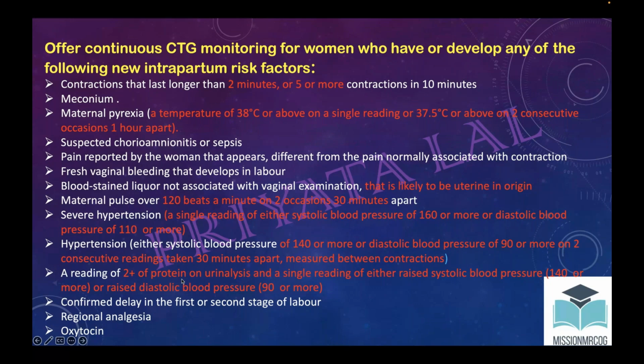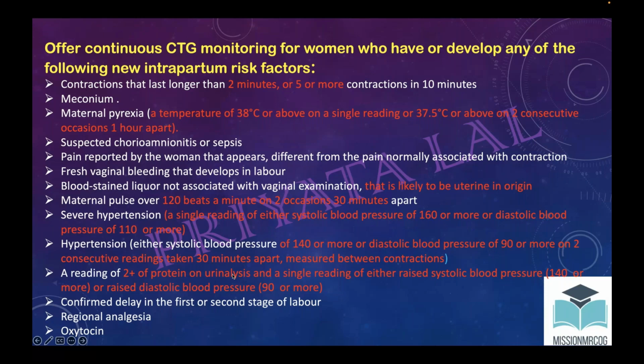Confirmed delay in the first and second stage of labor, oxytocic use, and regional analgesia. So these are the risks. Therefore, it is an ongoing assessment that started from the antenatal period and continues with the intrapartum also. So this is the intrapartum risk factors, or intrapartum conditions, where continuous CTG monitoring is to be done.